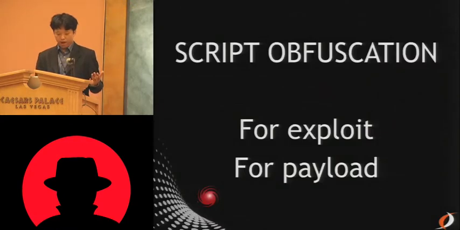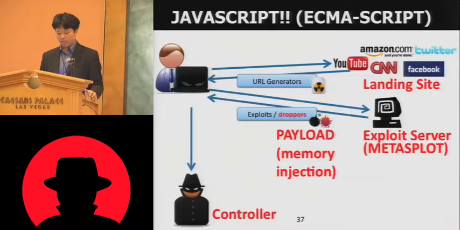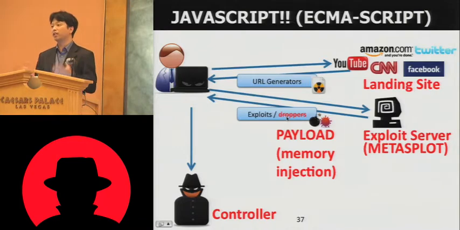Okay? And so we're focused right now on script obfuscation for both the exploit and also for the payload. We don't call them droppers anymore because payloads like Meterpreter inject themselves directly into the memory and they do all their stuff in the memory without having to write themselves to disk first.